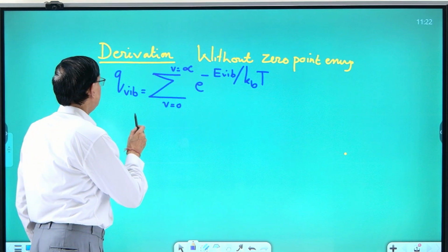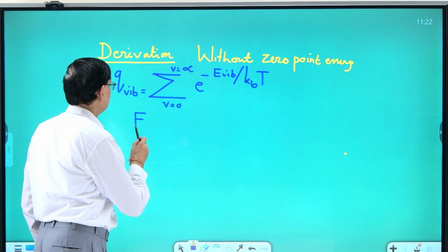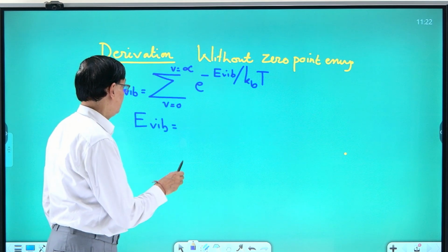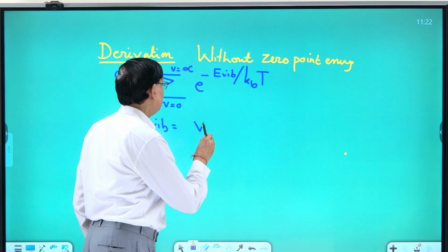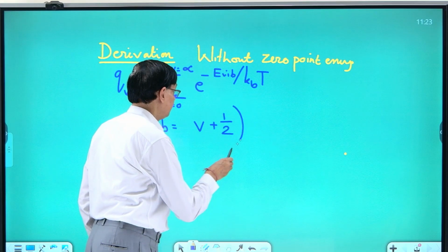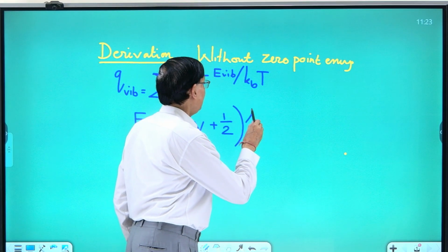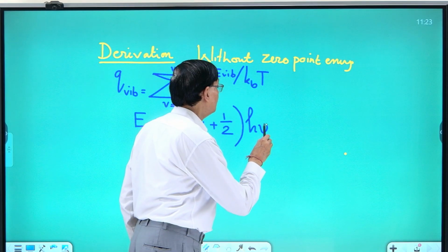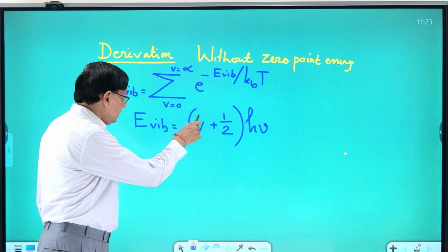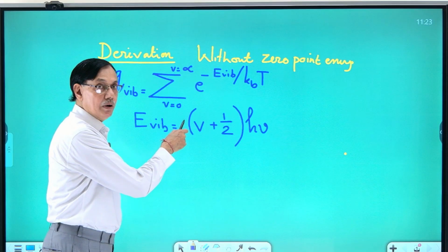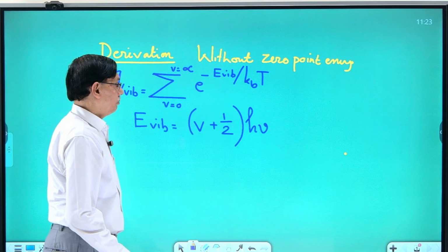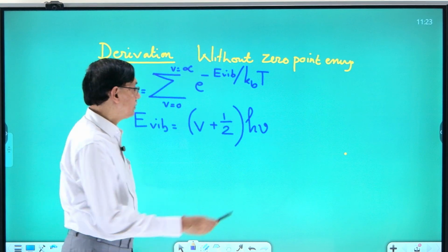Now the value of E vibrational as per the simple harmonic oscillator is V plus half, h nu. V is the vibrational quantum number and nu is the vibrational frequency in terms of hertz.